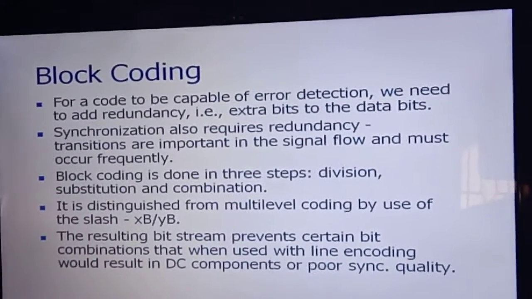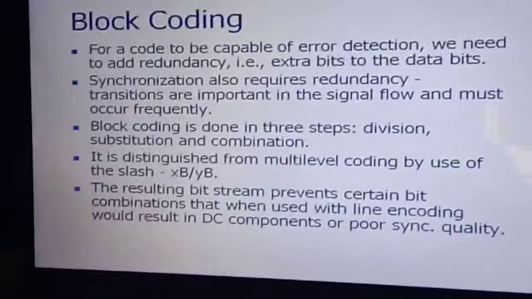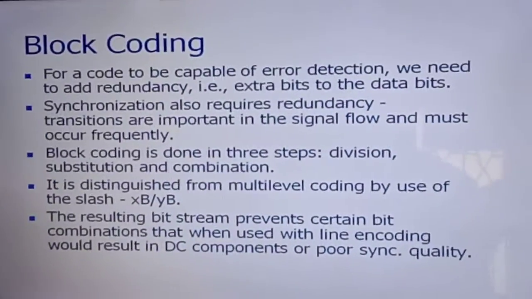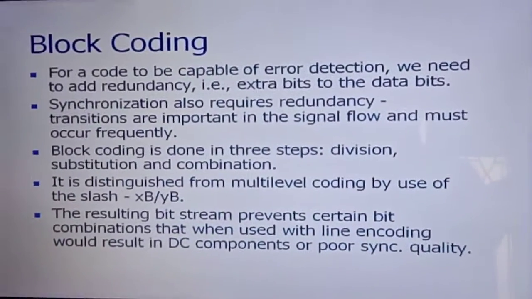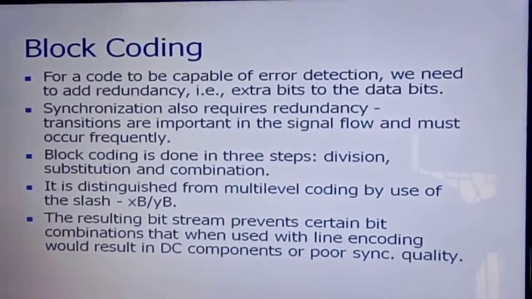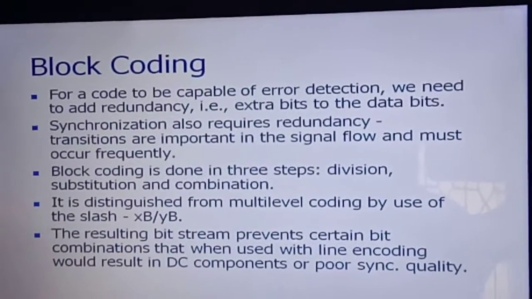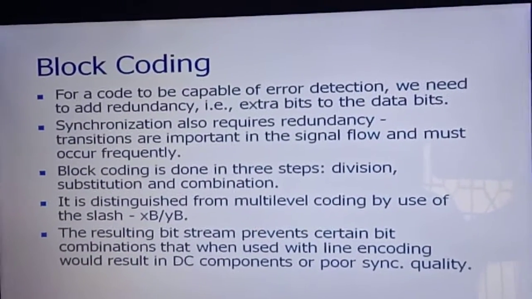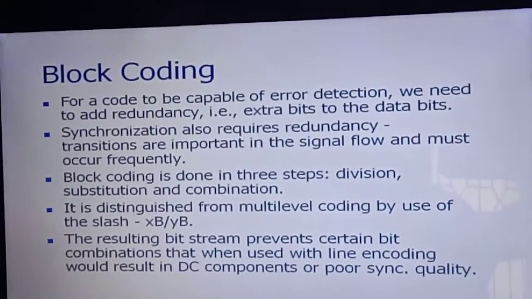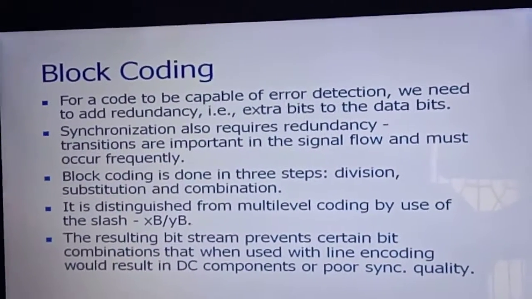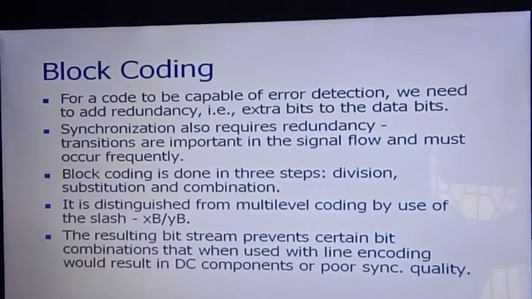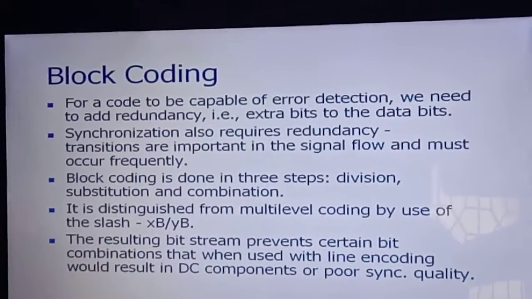So we are migrating from normal line coding methods to block coding. For a code to be capable of error detection, we need to add redundancy bits, that is duplicate or extra bits added to the actual data bits. Synchronization also requires redundancy. Redundancy transitions are important in signal flow and must occur frequently.